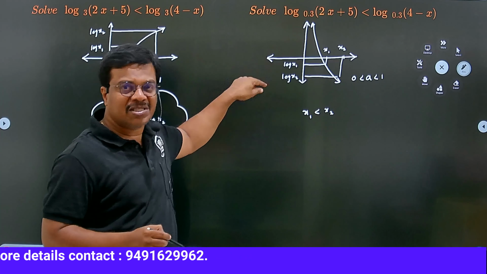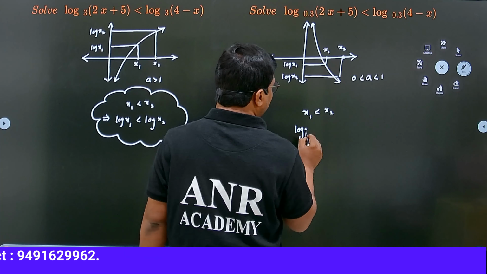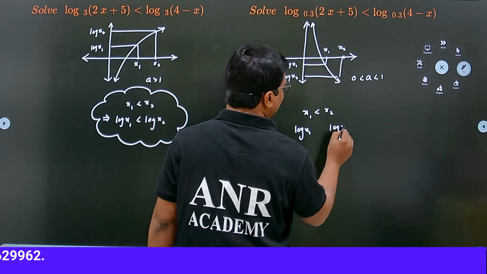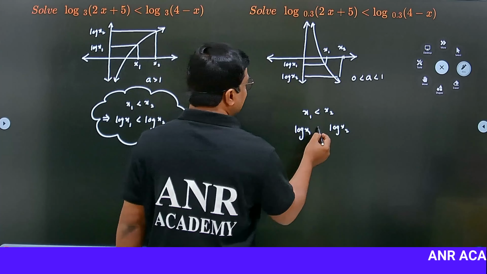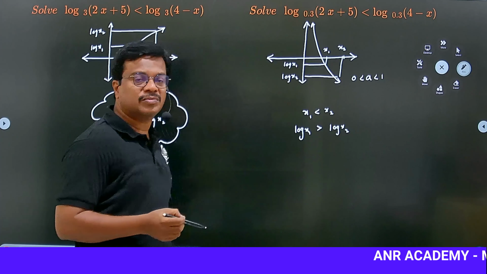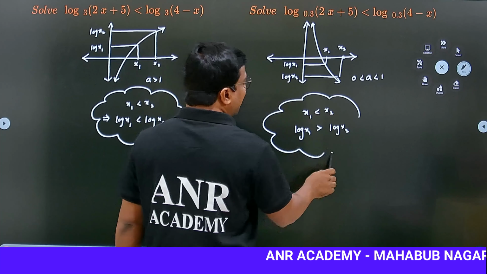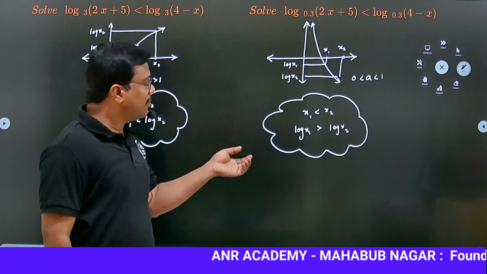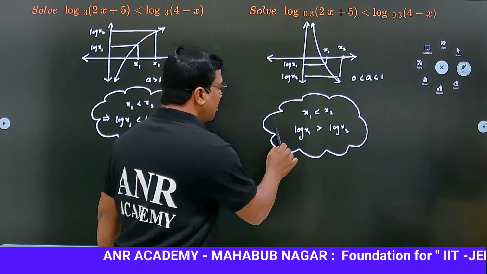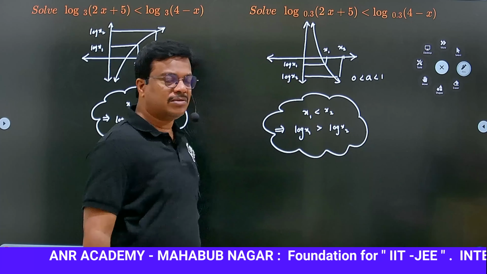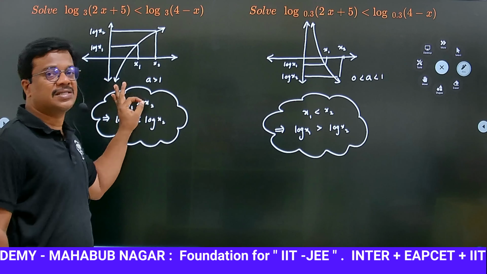Here log x2 is smaller compared with log x1. So here x1 less than x2 implies log x1 is more than log x2, but in the increasing case x1 less than x2 implies log x1 is also less than log x2.